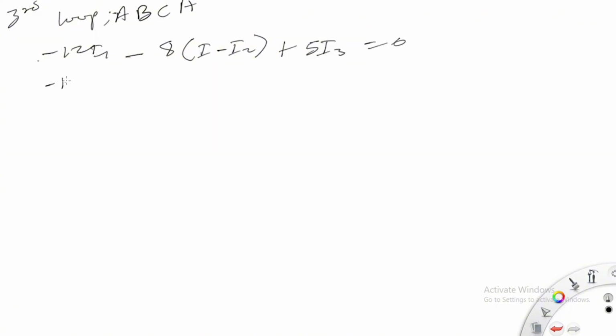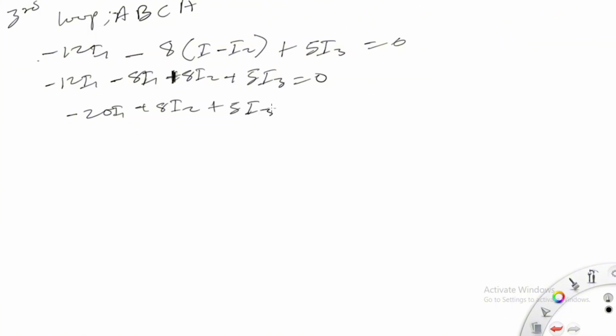So here we have minus 12I1 minus 8I1 plus 8I2 plus 5I3 equals 0. Here we would have minus 20I1 plus 8I2 plus 5I3 is equal to 0. So this is our equation 3.